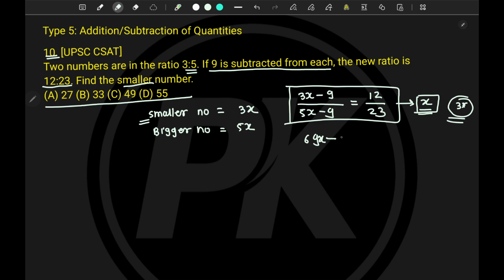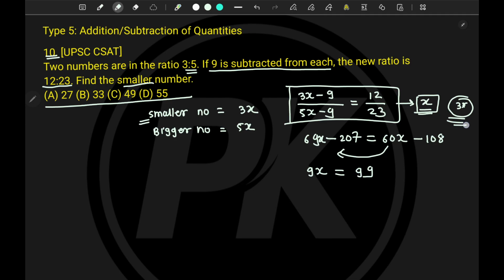So 69x minus 207 is equal to 12 fives are 60, so 60x, and 12 nines are 108. Now I'll bring the 60x here, so 69x minus 60x, that will be 9x, equal to 207 minus 108.